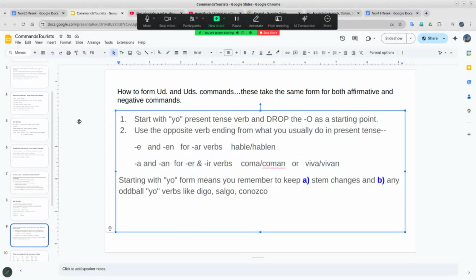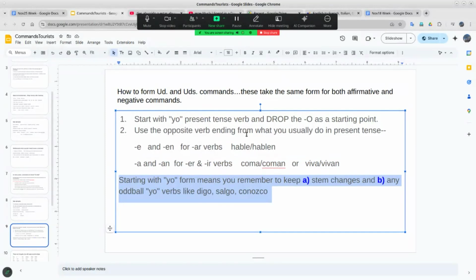Now, why is this a big deal, to start with a yo form to make a command? To get to the command, we go through the yo present tense form first because that means there's a stem change, meaning an IE or a UE or an I. There's a vowel change in the middle.